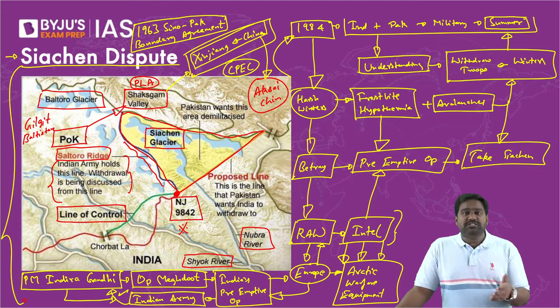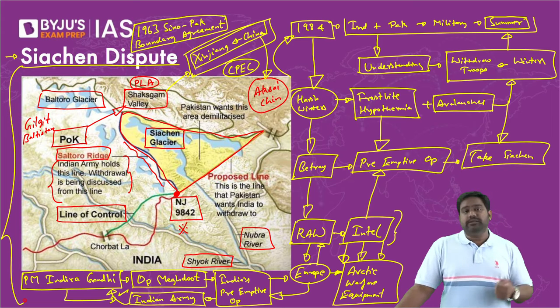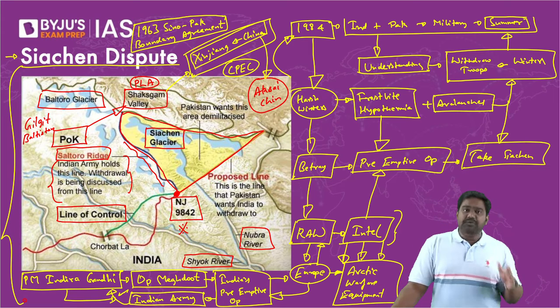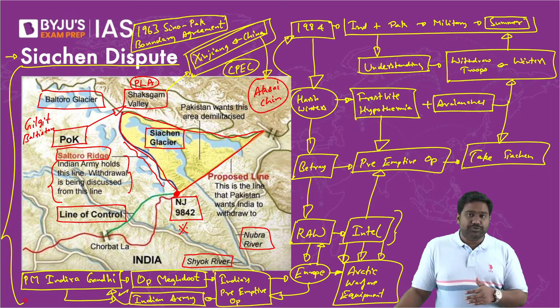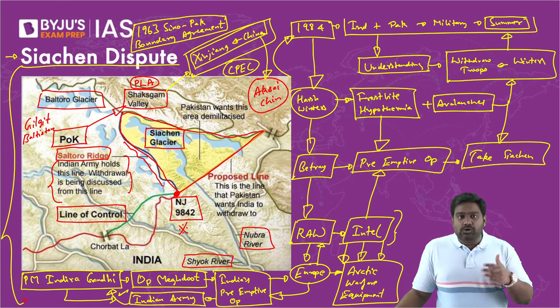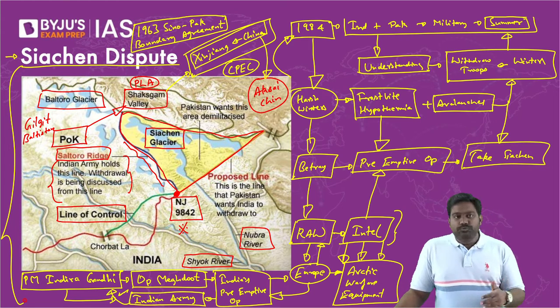Also, the human cost is very high. Both sides have lost several soldiers. India has lost hundreds of soldiers here, even Pakistan. So attempts have been made to negotiate the Siachen issue and try to demilitarize the region, to try and work out an agreement where both troops will be withdrawn and this will become a demilitarized zone.